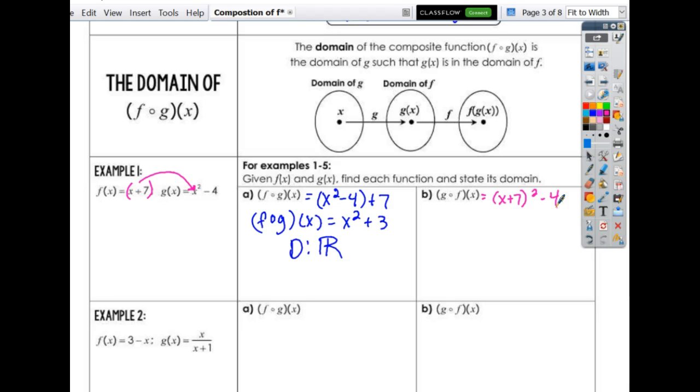So that means I have to multiply this out. So I'm going to have x plus 7 times x plus 7 minus 4. So when I multiply, that's the x times the x and the plus 7, and I still have the minus 4 at the end.